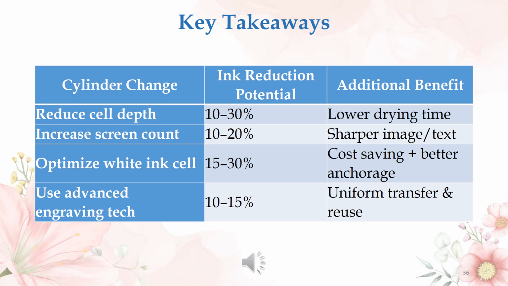By optimizing white ink cells, you can save 15 to 30% ink. Use advanced engraving technology and you can save 10 to 15% ink. Added benefit is uniform transfer and reuse.